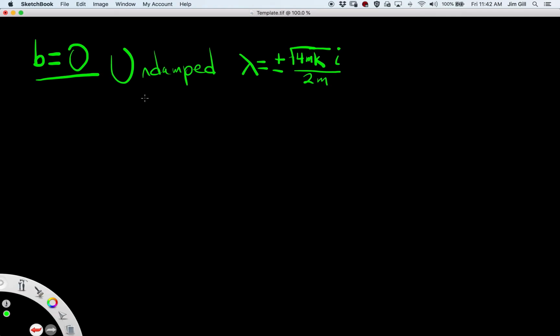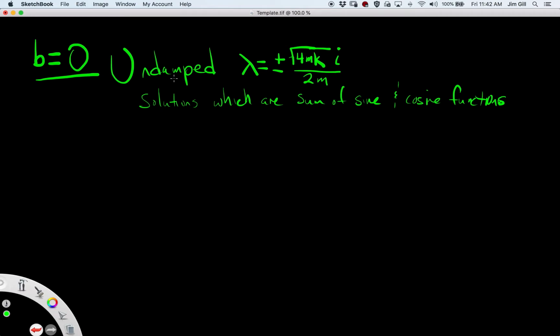And this leads to solutions which are a sum of sine and cosine functions. We get no exponentials here. Okay?